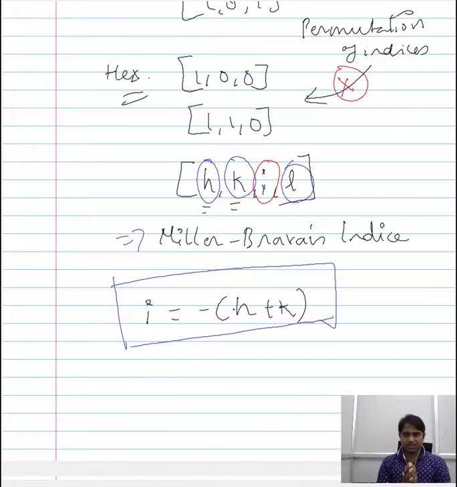Similarly for the direction, you take the projections, factorize, identify the h, k, and l values, and from that identify the value for i. So the overall approach remains the same irrespective of the unit cell. But one thing to keep in mind with the hexagonal unit cell is that you need an additional integer, calculated from the h and k values.